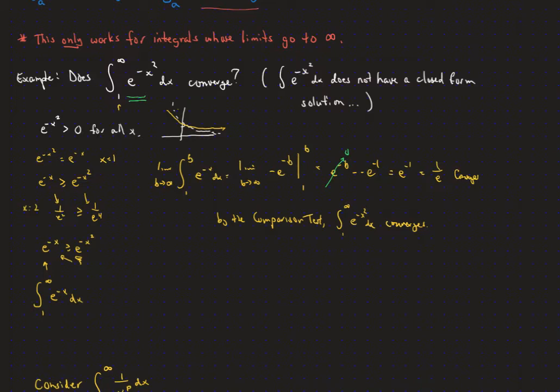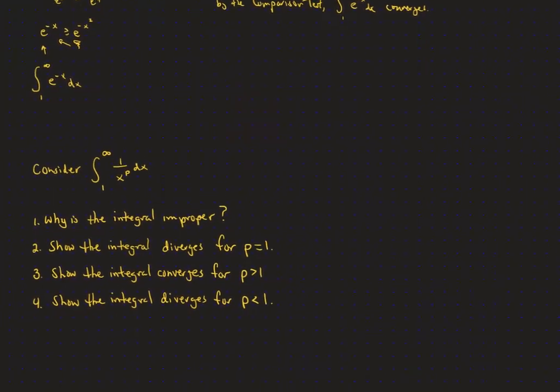If we decide it converges, then we have to figure out what we can use as an integrand that is greater than or equal to our integrand that will converge. Or if we decide that it diverges, how can we find something that we know is less than it that will diverge as an integral?